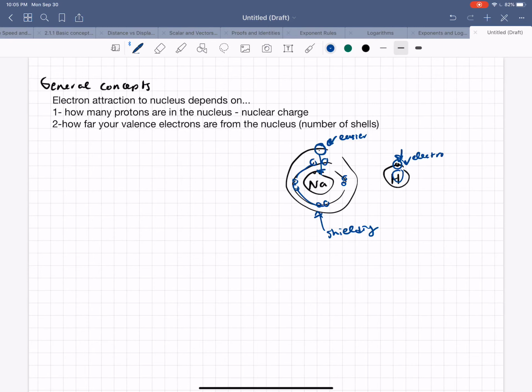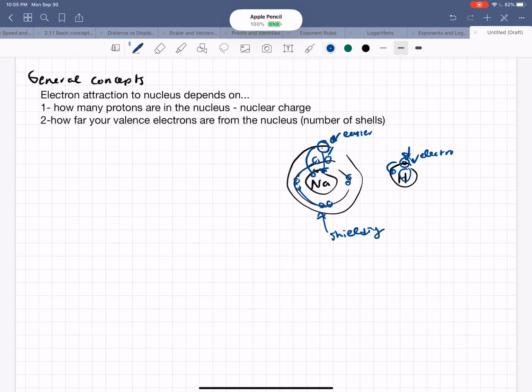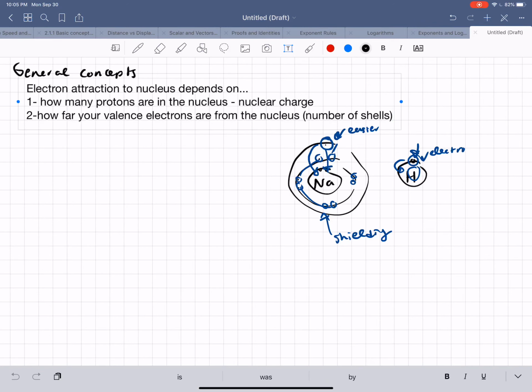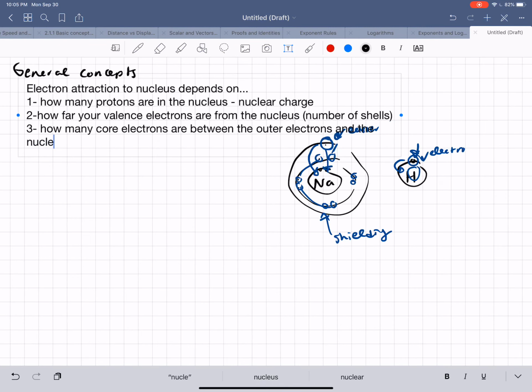Because the outermost, further electron here is not as influenced by the positive charge of the nucleus as the electron here is. And that brings me to my third condition: how many core electrons are between the outer electron and the nucleus?